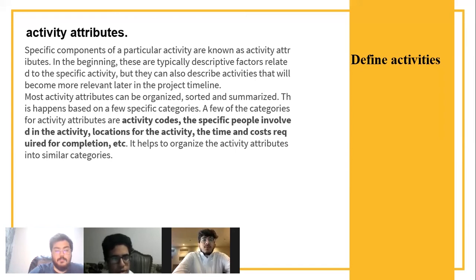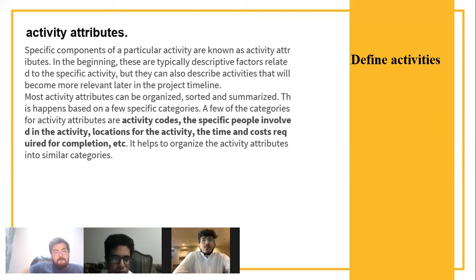Activity attributes. Specific components of a particular activity are known as activity attributes. In the beginning, they are typically descriptive factors related to the specific activity, but they can also describe activities that will become more relevant later in the project timeline. Most activity attributes can be organized, sorted, and summarized.